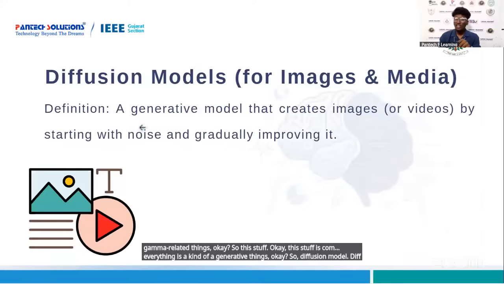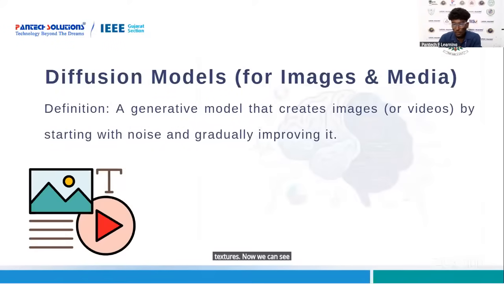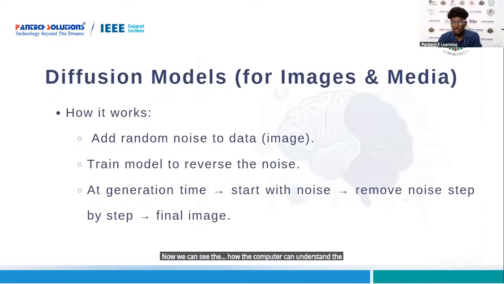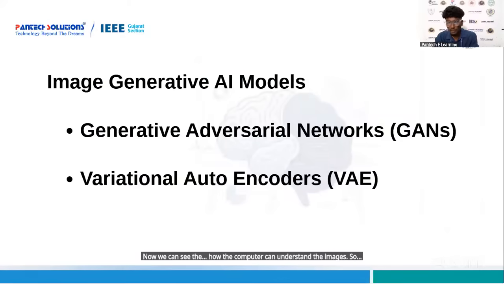A diffusion model is used to create images. We already understood tokenization, how the computer can understand texts. Now we will see how the computer can understand images. We have two types of generative AI models.